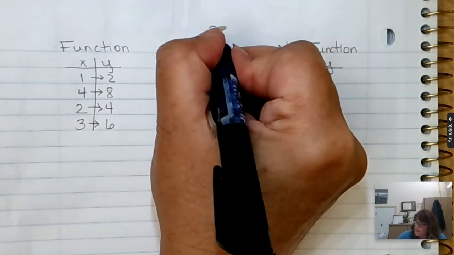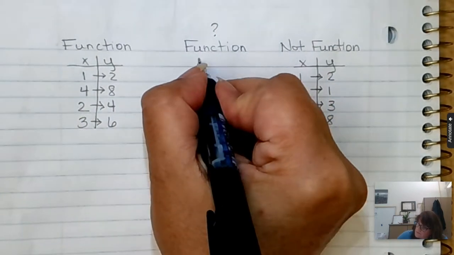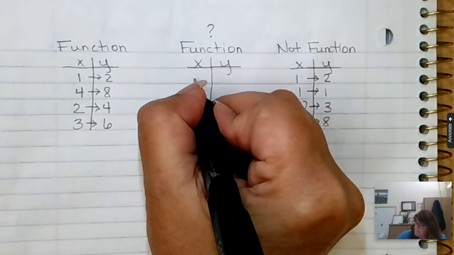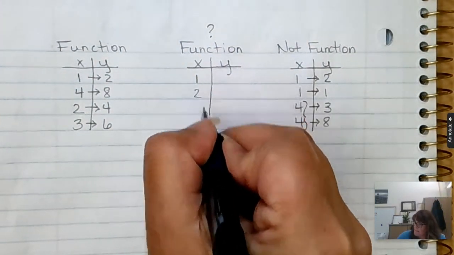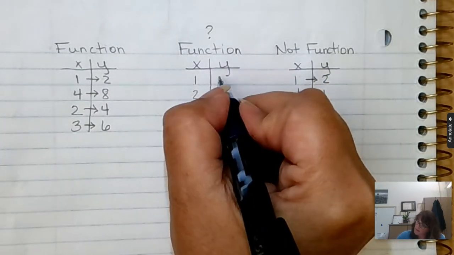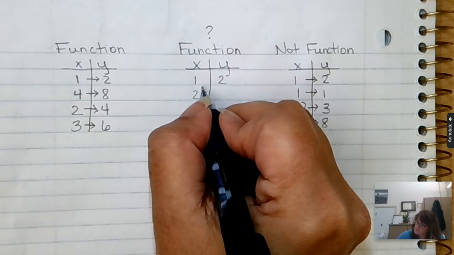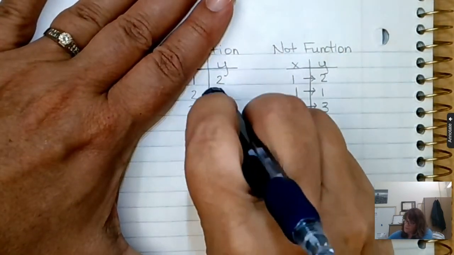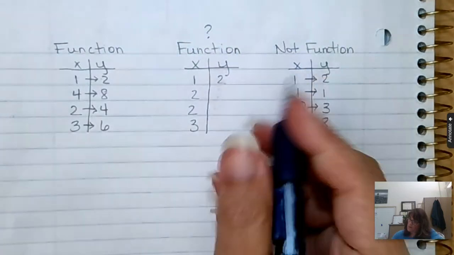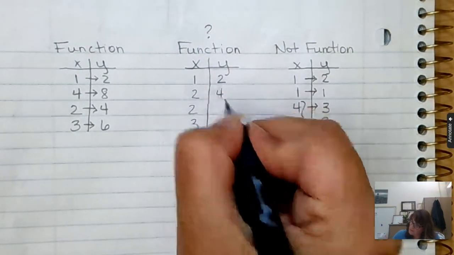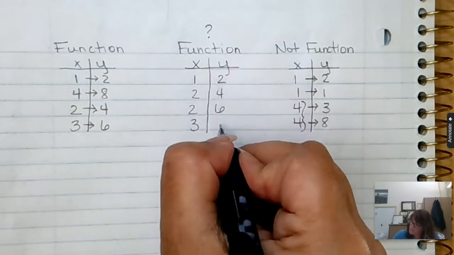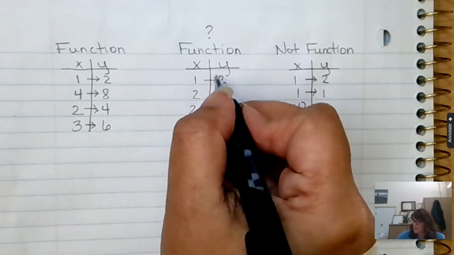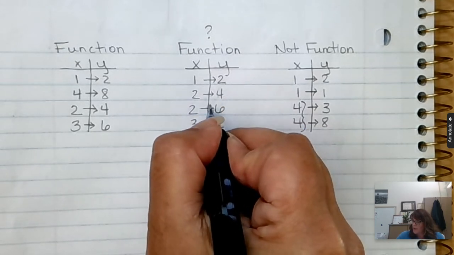Now, what about this one? This is a big question that often comes up. 1 has an output of 2. 2 has an output of 4 or 6.